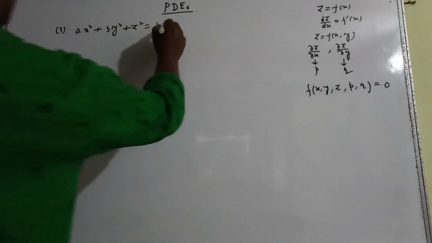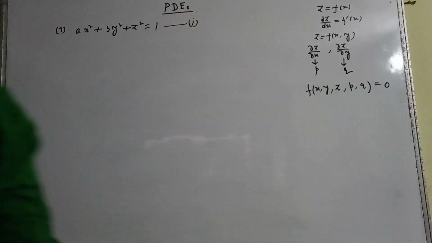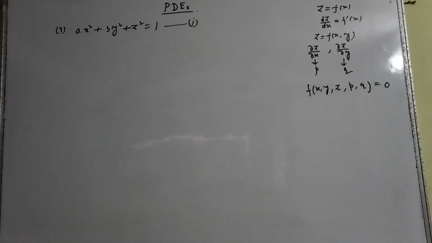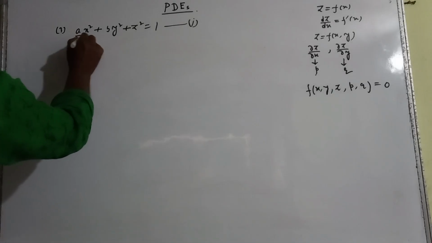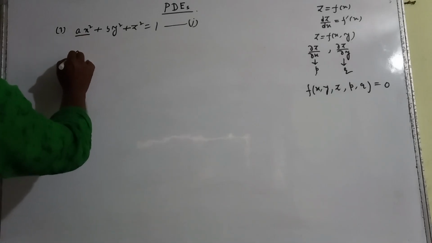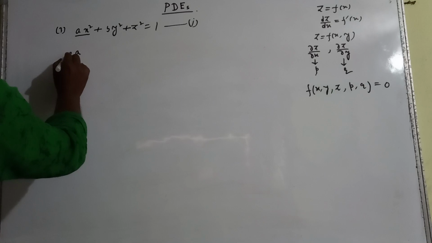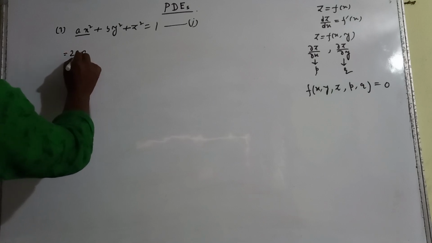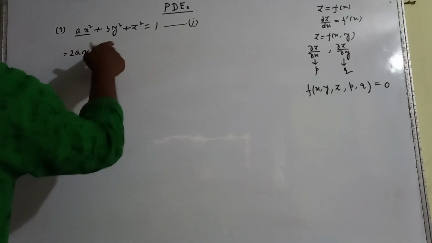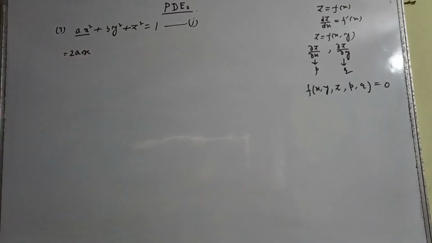Again, we have to differentiate this partially with respect to x and y. When we differentiate partially with respect to x, this will be a into 2x, so 2ax. The differentiation of by square is 0, because when we differentiate with respect to x we take y as constant.